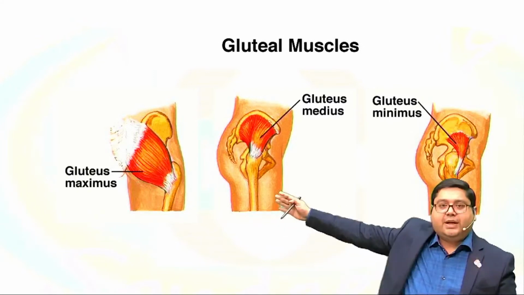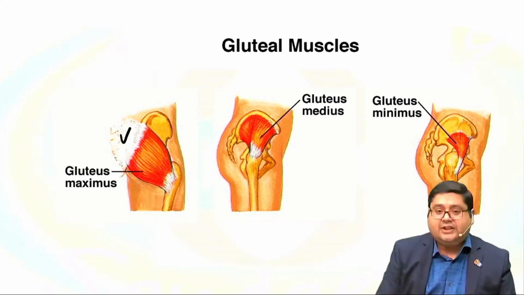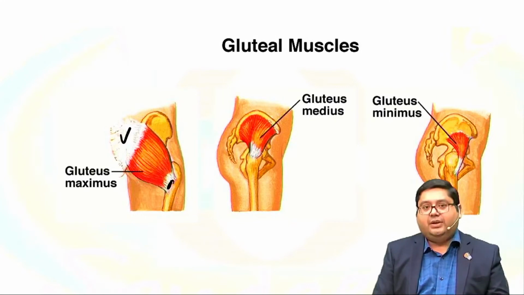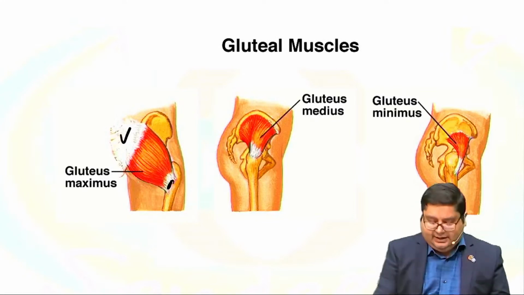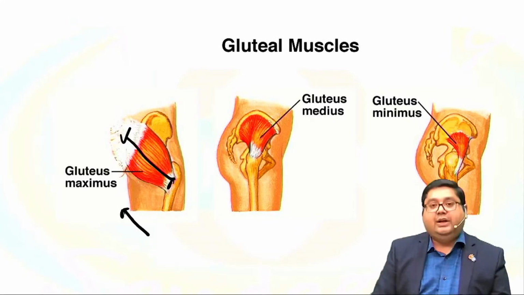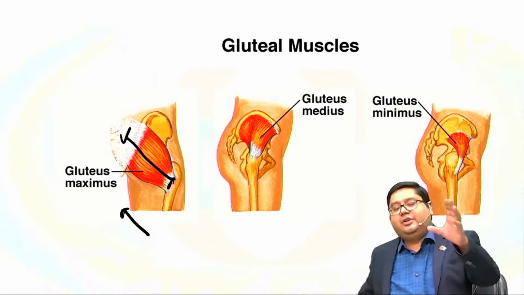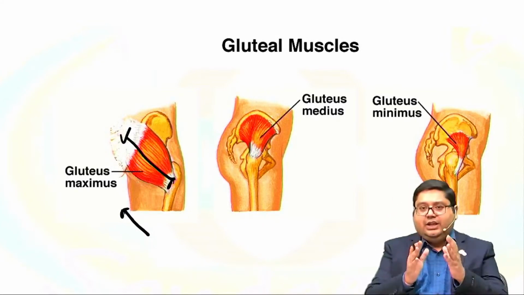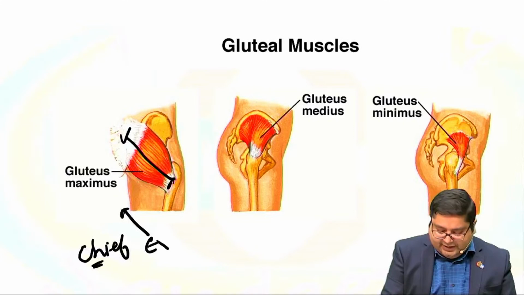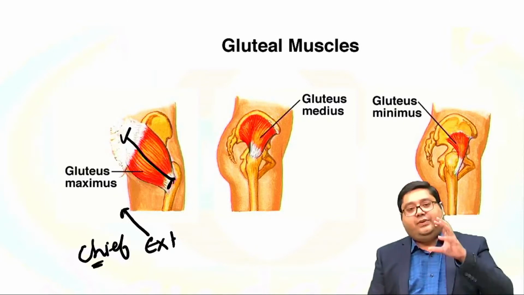Look at the gluteus maximus. It is coming from the gluteal aspect, and where is it attached? In the posterior aspect of the femur, the gluteal tuberosity, and the direction becomes like this. So the pull will be from behind. What is the action of the gluteus maximus? It is the chief extensor. When a powerful extensor is required, it is doing the chief extension work.